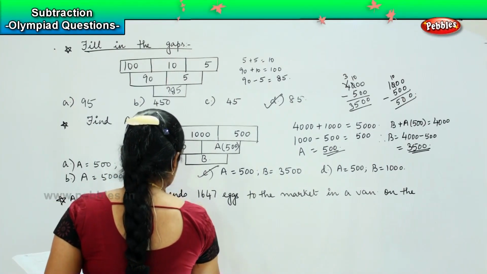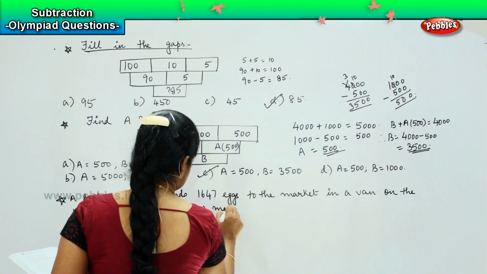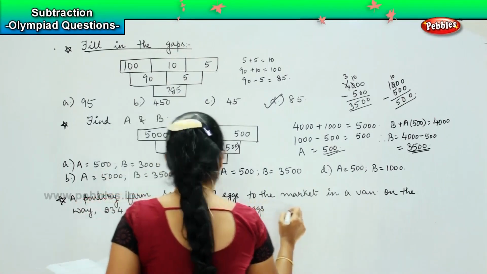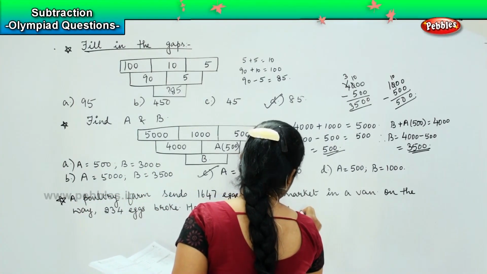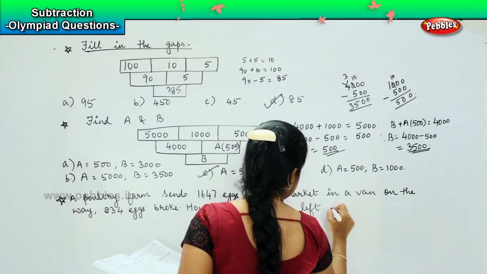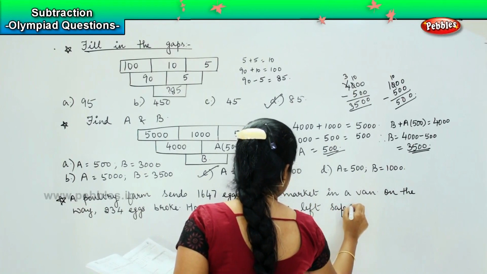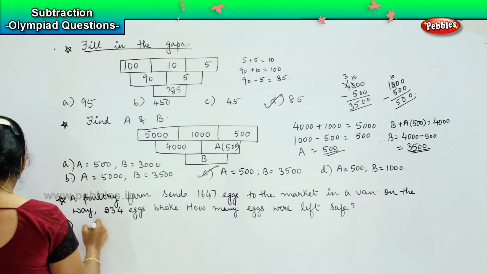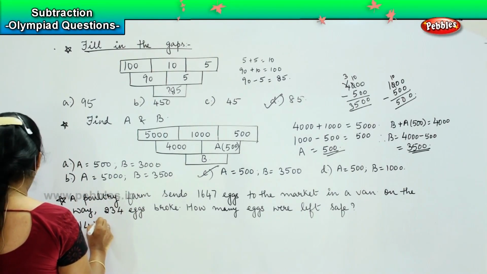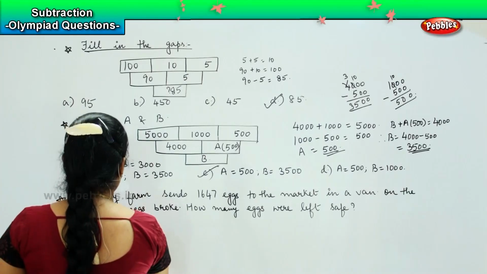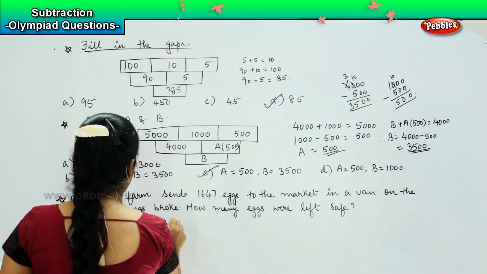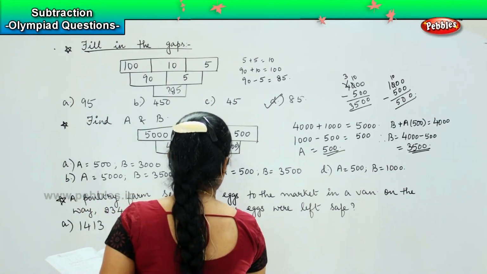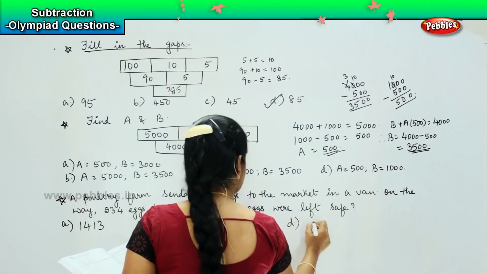How many eggs were left in the van? Okay. Your options are A 1413, B 1234, C 1647 and D 234.